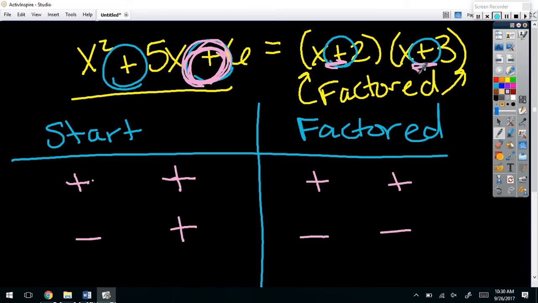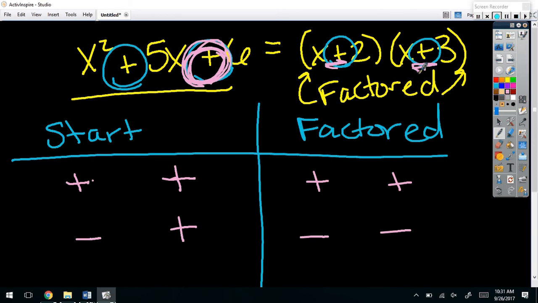If the second sign is plus, both signs follow the first sign. Whatever your first sign was is what both of them will be once it's factored. That's only when the second sign is plus. And I'll say that 150 million times. If the second sign is plus, both signs follow the first.